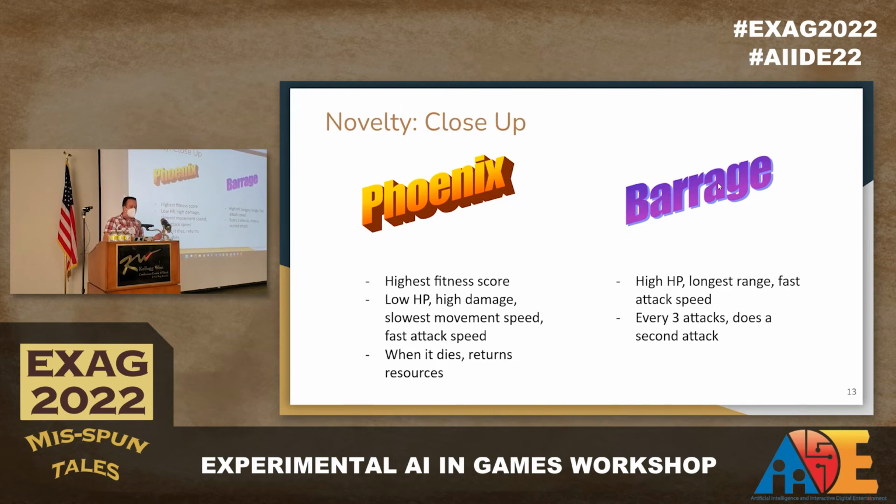So from this, we found that we could generate unique units, but what was left to figure out was, would they have good utility in an actual game, and would they be balanced?